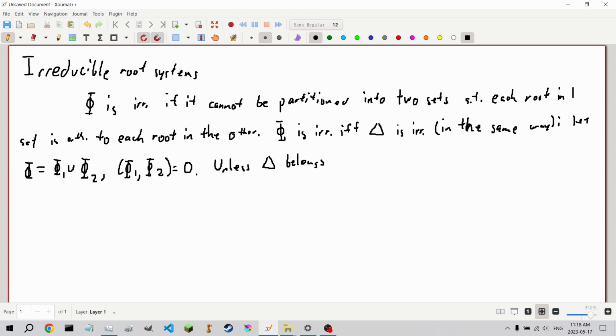First off, let phi be partitioned into phi1 and phi2. So the union of phi1 and phi2 has to be phi, and they have to be pairwise orthogonal, component-wise. Yeah, component-wise, not pairwise.